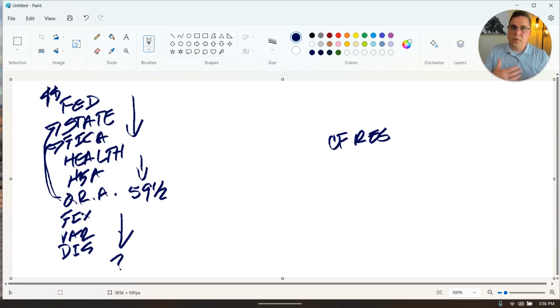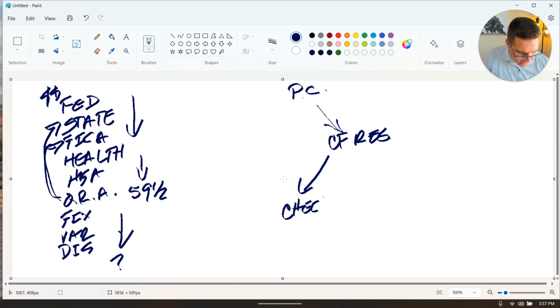So we reroute the direct deposit. Instead of going straight into the checking account, the paycheck is now sent to the cash flow reservoir. And then we sit down and go through what it takes to live your life on a monthly basis, taking care of all of your needs. And then you decide how much is going to be sent to the checking account to be spent on your lifestyle and all of the things that you need.